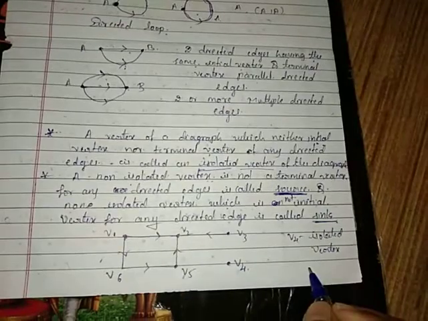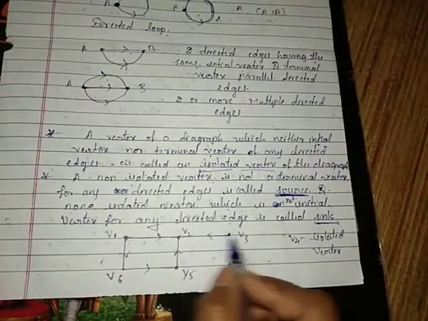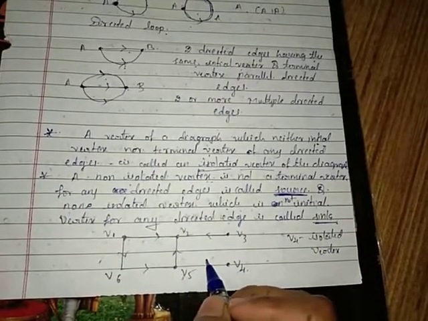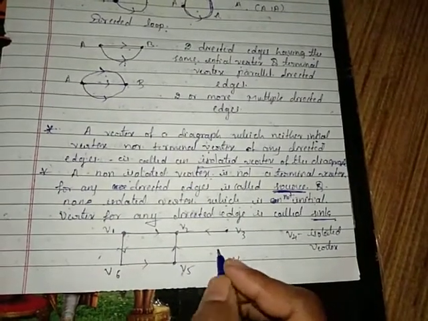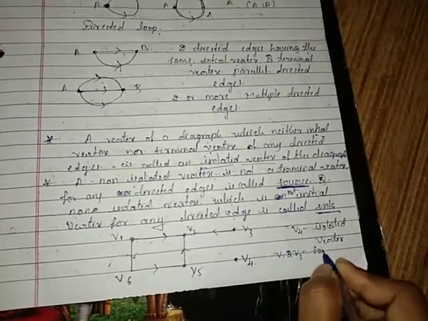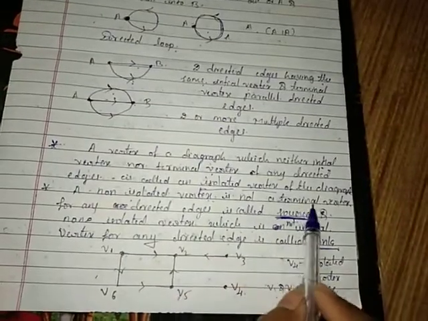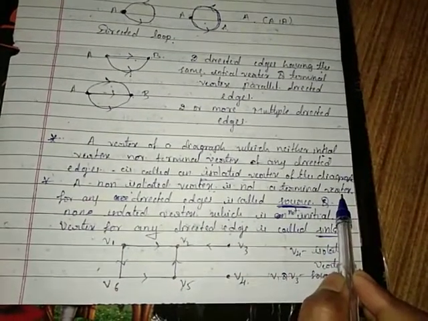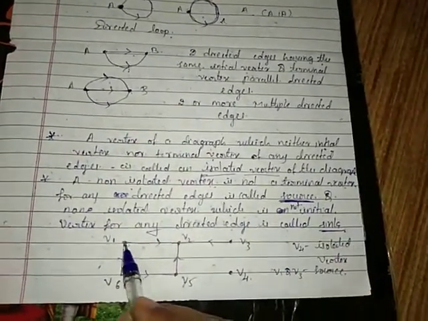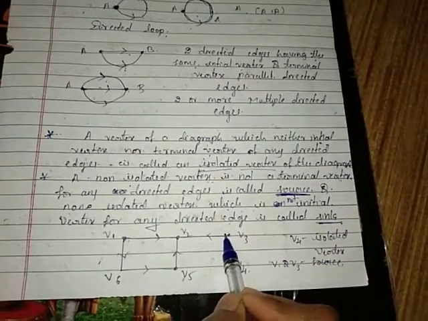The vertices V1 and V3 are not the terminal vertices here, so V1 and V3 are called sources. The vertices which are not terminal vertices are called sources.